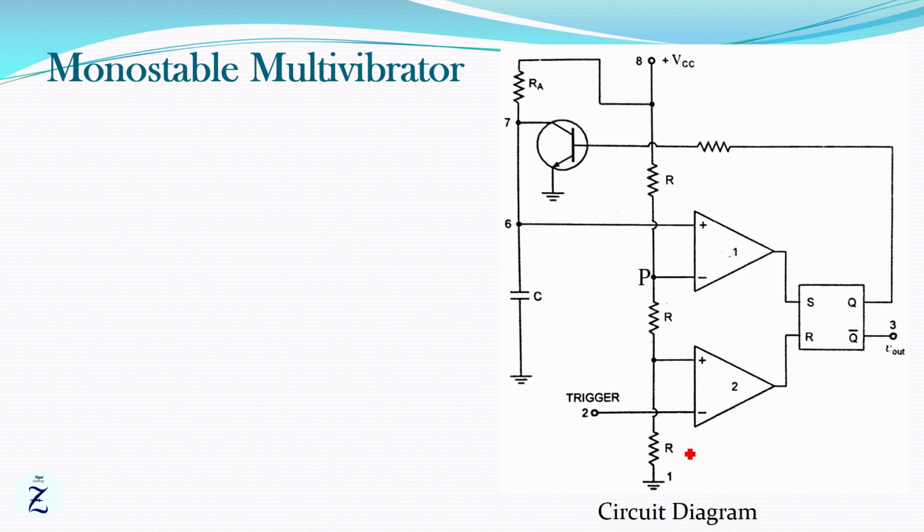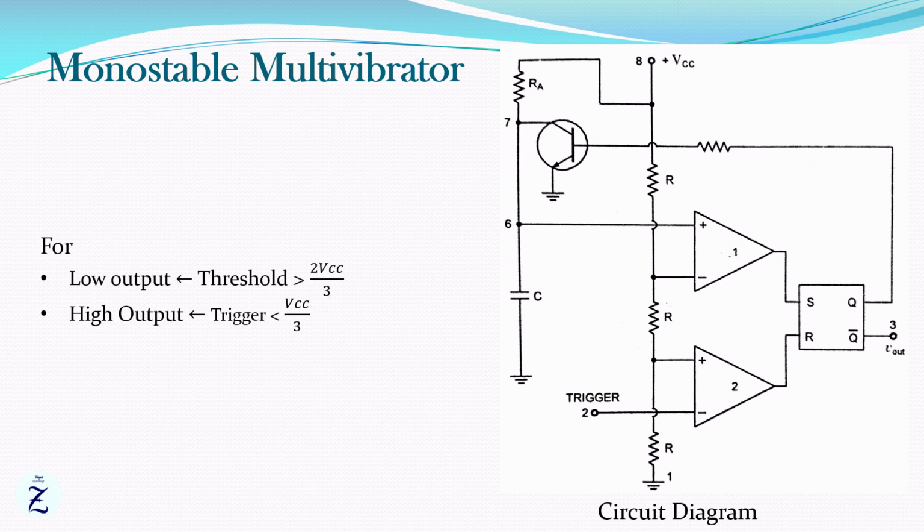Here, voltage at the point P, Vp is equal to 2 VCC by 3, and the voltage at this point Q, Vq is equal to VCC by 3. As we learned in the working of IC 555, for getting low output, threshold must be greater than 2 VCC by 3, and for getting high output, the trigger input must be below VCC by 3.